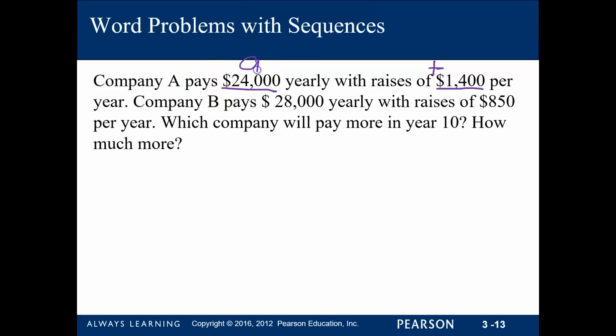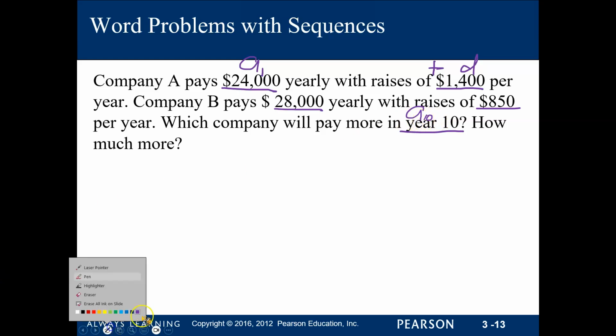This is our first term. And since we are adding all the time, this is our common difference, okay? On the other hand, company B starts with $28,000 and then the raise is $850. So the question is, which company will pay more in year 10? So we are looking for how much is the payment on the 10th term, all right?